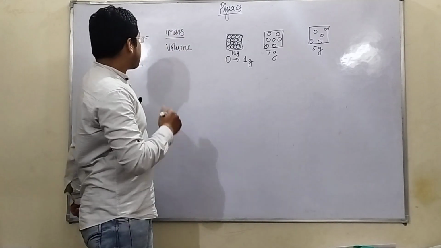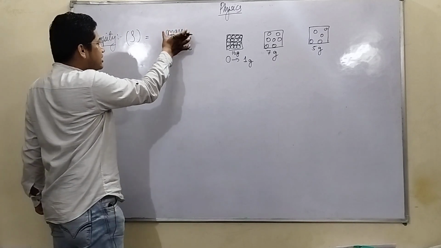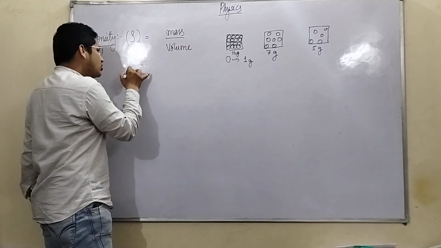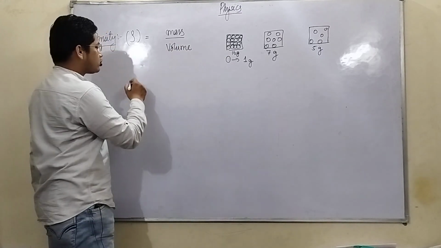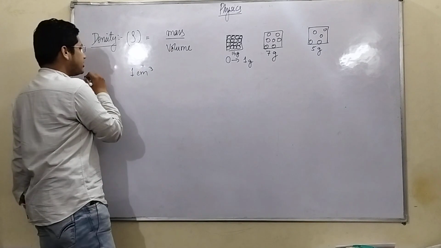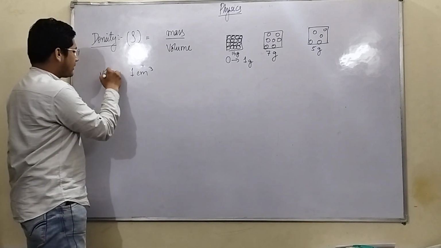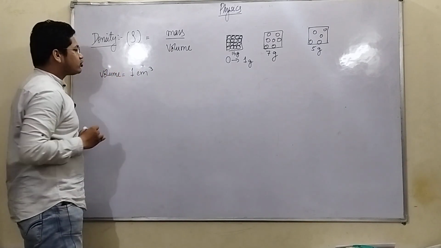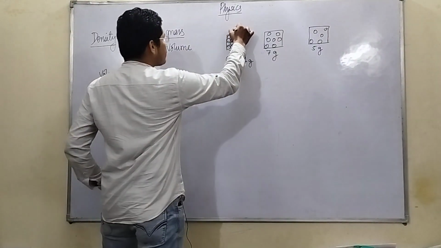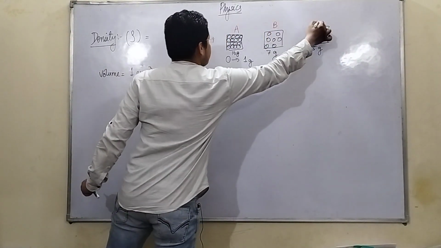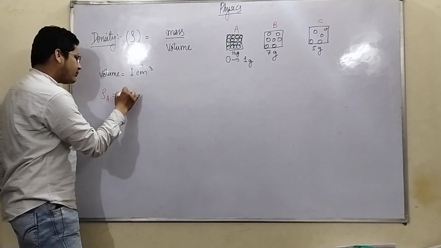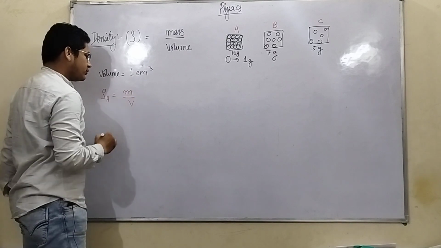Okay, how will we calculate density? Density, as I told, is mass per unit volume. If we assume that the volume of these boxes is 1 centimeter cube, so density for box A will be mass per unit volume.